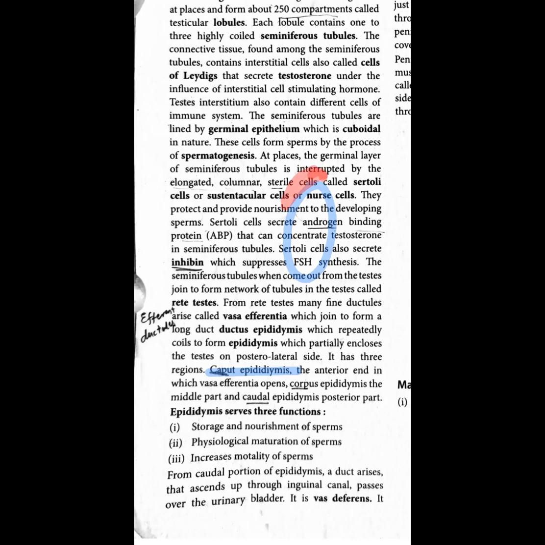The second is the corpus epididymis, the middle part. Can you see here? The middle part of the epididymis is called the corpus. The third is the caudal epididymis, which is the posterior region, the tail region, where the sperms are going to be stored. So the sperms are stored over here for some time.